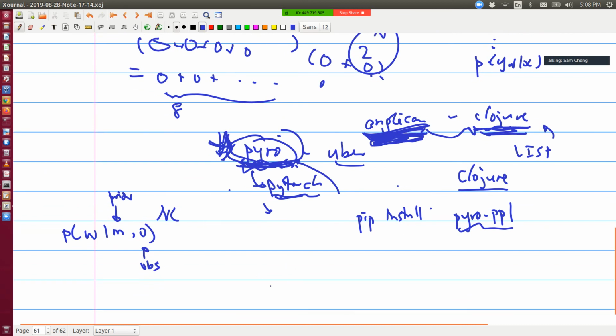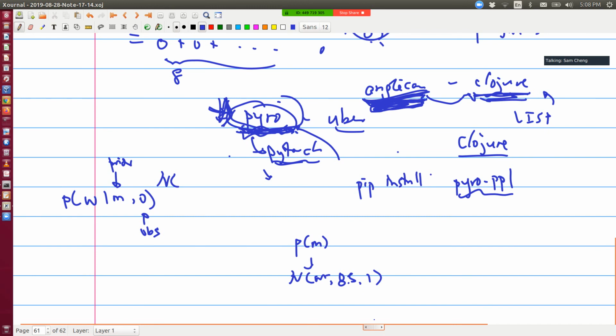The mean has a distribution: a Gaussian with mean 8.5 and variance 1. My observation is based on the mean, so I have P(O given M).